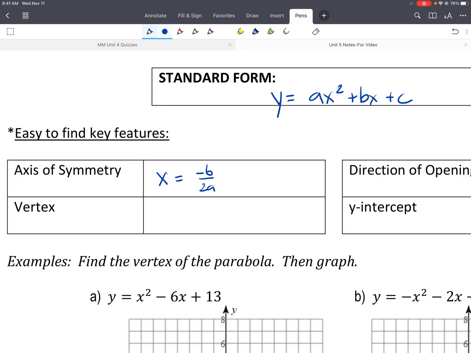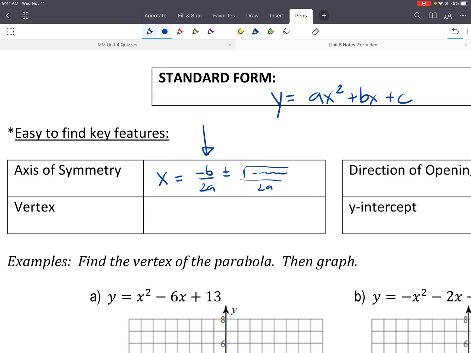This is like part of the quadratic formula. Usually if we continued with the plus or minus the square root of blah blah blah over 2a, this tells you the axis of symmetry, and then we add and subtract the same amount from both sides to find those solutions, those x-intercepts.